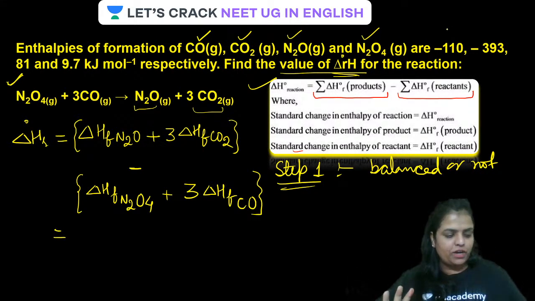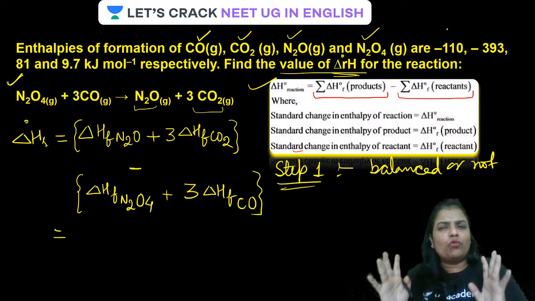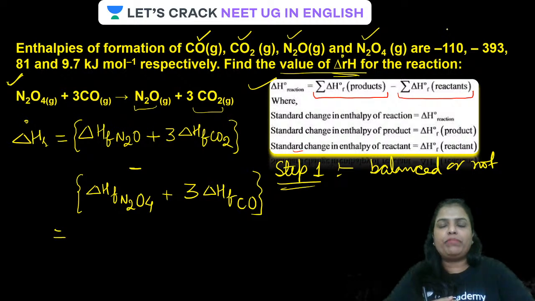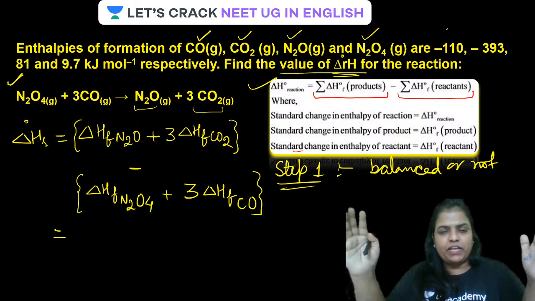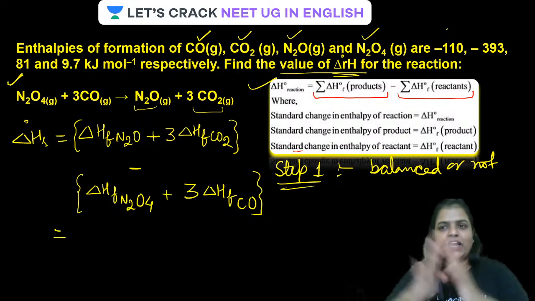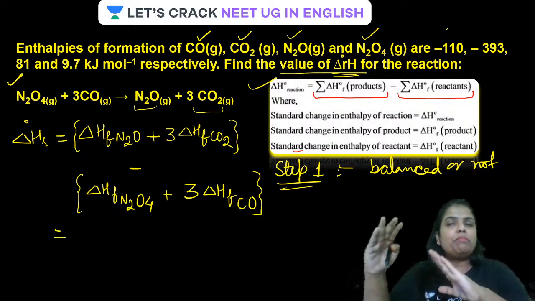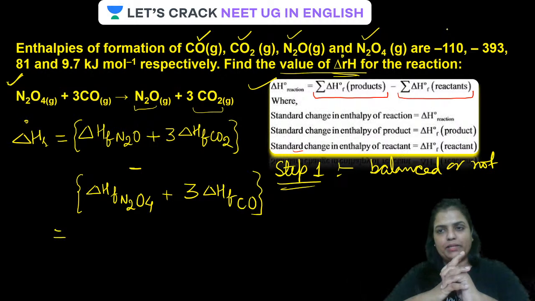A precautionary step over here, I am going to tell you, because once again most of you have been making a mistake in this. When such values or data are given respectively in this way, most of the time we make a mistake in identifying which one is for which one.